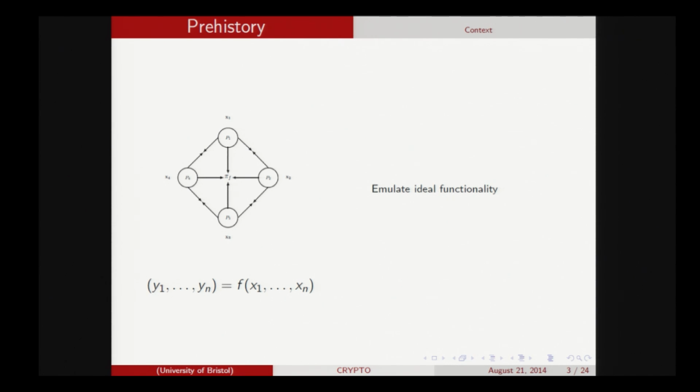And this protocol, at least, has one property, which is privacy. So this says that from the transcript of the protocol, you cannot tell anything about the inputs of the honest parties. And this is true even if the corrupted parties deviate from the protocol instructions.